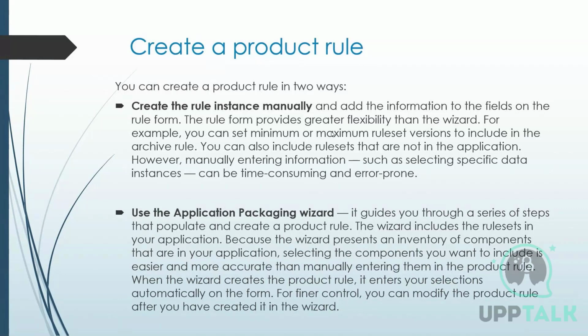Suppose I fixed a bug which just involved one rule. Then I can easily go ahead and create my product rule. Maybe just 2 to 3 rules are modified, so it's easy for me to identify them and to move them across. So manual creation is more feasible when I have a limited number of rules, more in the case of bug fixes or issues.